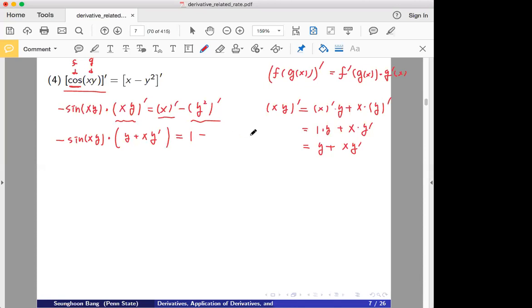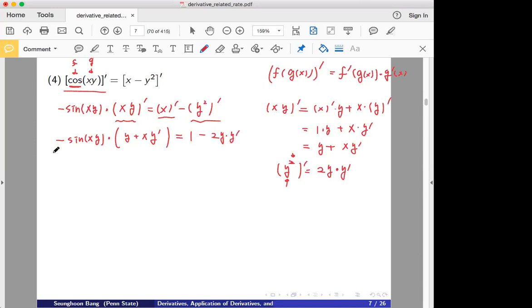Because the 2 is like the outer function, y is the inner function. Outer function prime is 2y times inner function prime, y prime. So we have 2y times y prime.